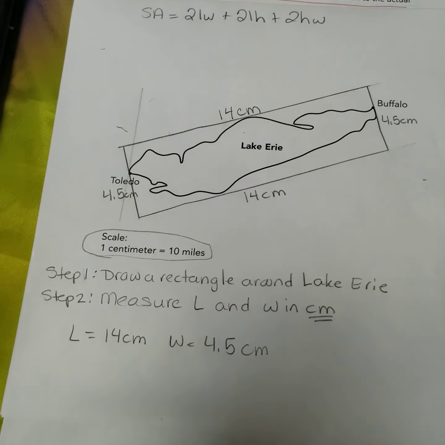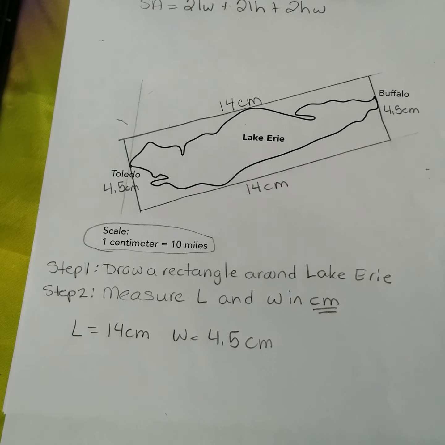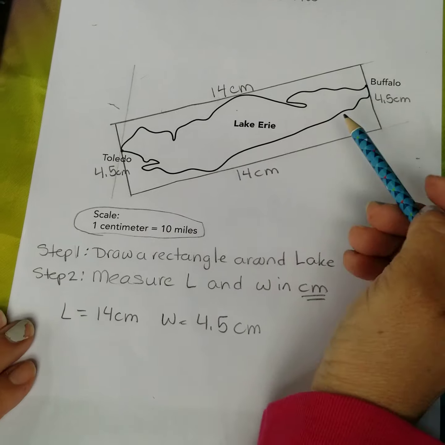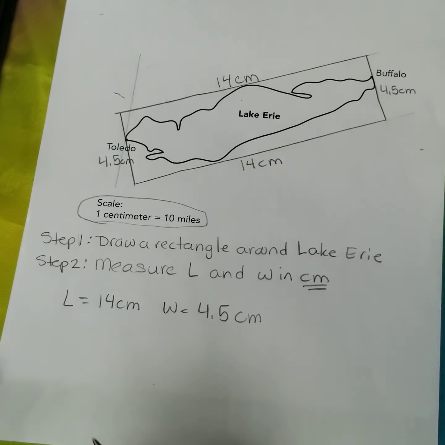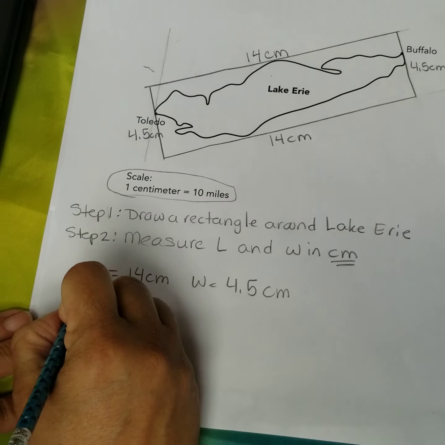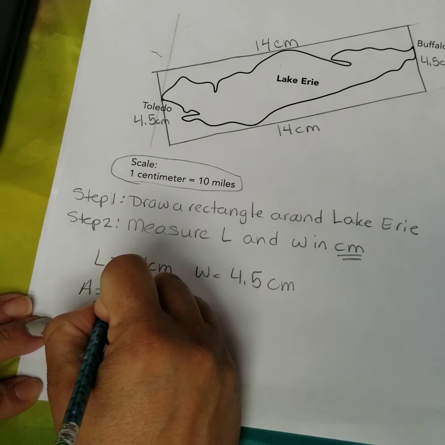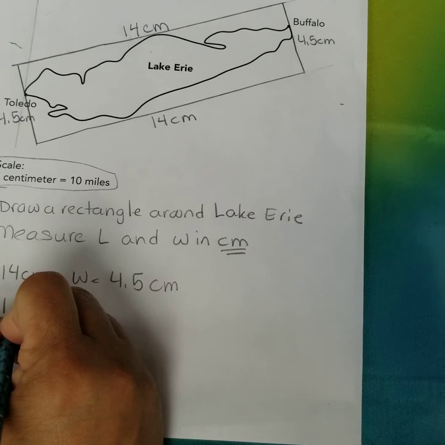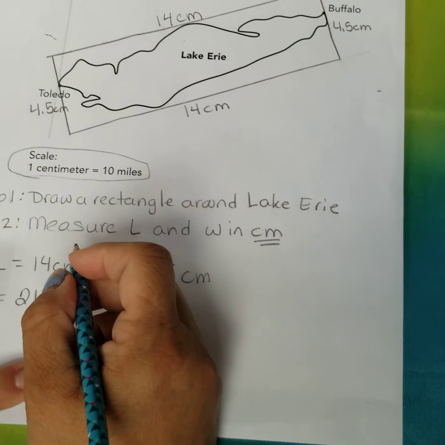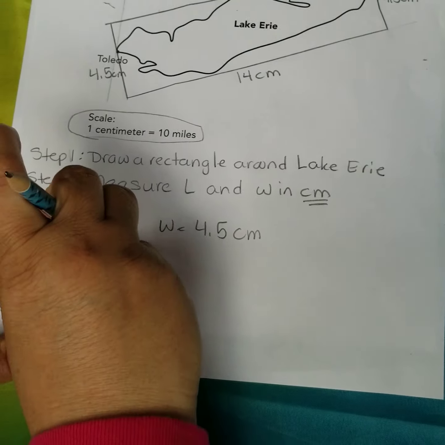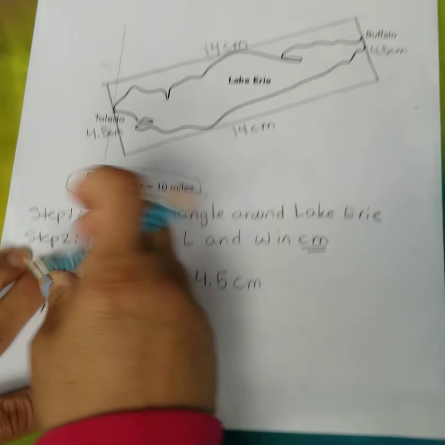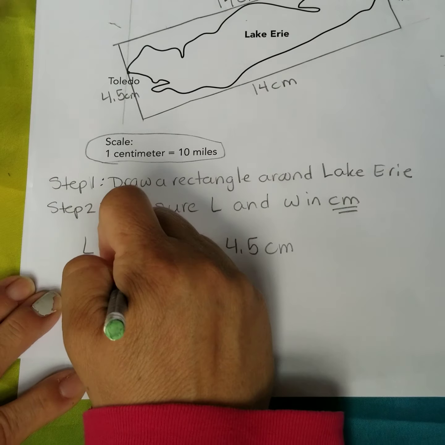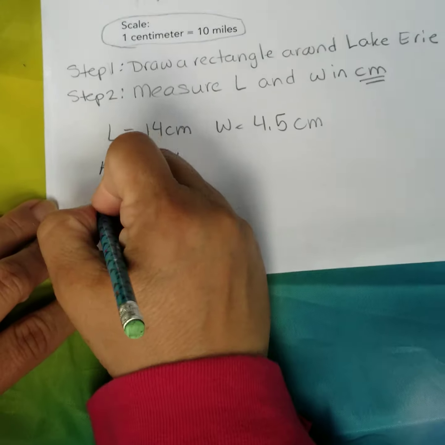Let's not do that part just yet. Let's find the area of this whole thing in centimeters. So the area is length times width.